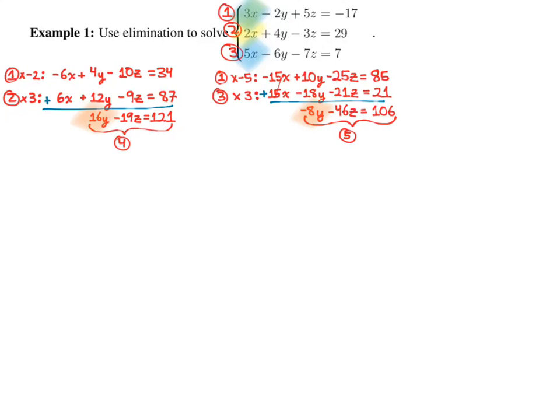And now I need to combine 4 and 5 in a way that'll get rid of the y's. This one's not so bad, really. If you just take equation 4 and leave it like it is, and then I take equation 5, but multiply by 2.